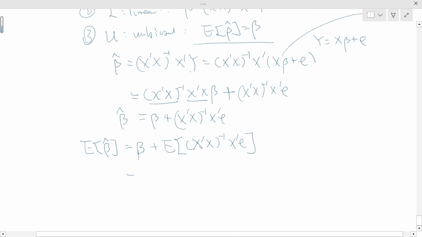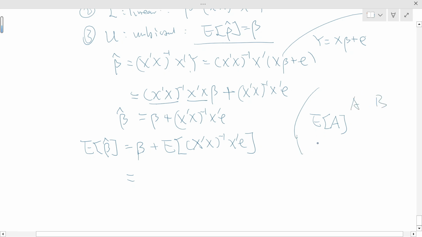Now we want to use the law of iterated expectation. Say A and B are random variables.